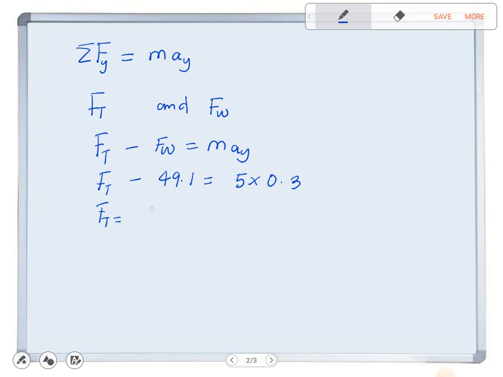This one goes the other side, so we have 49.1 plus 1.5. Ft is giving me 50.6 newtons.